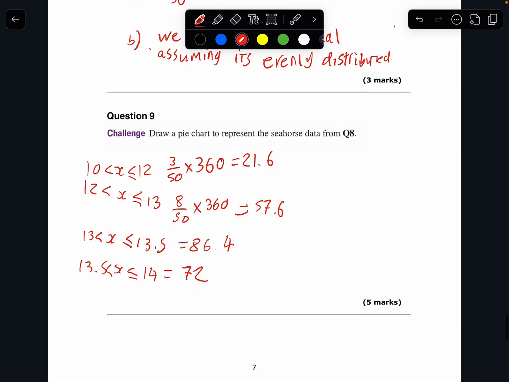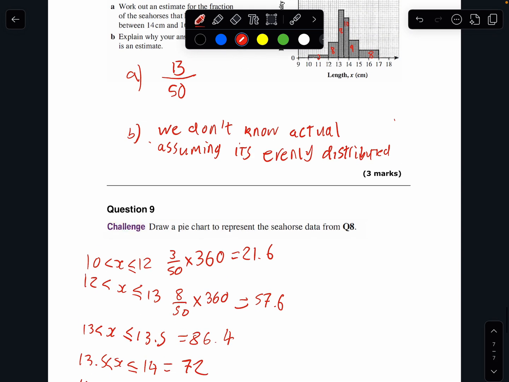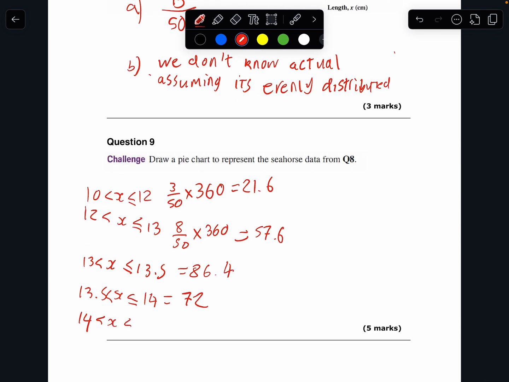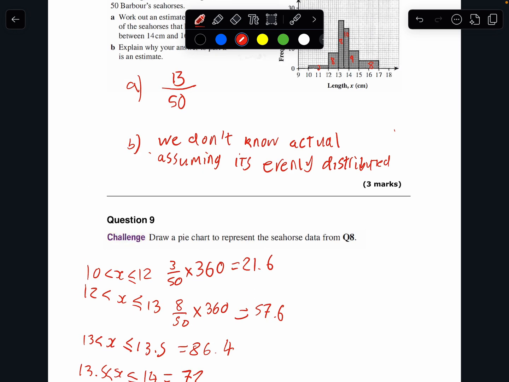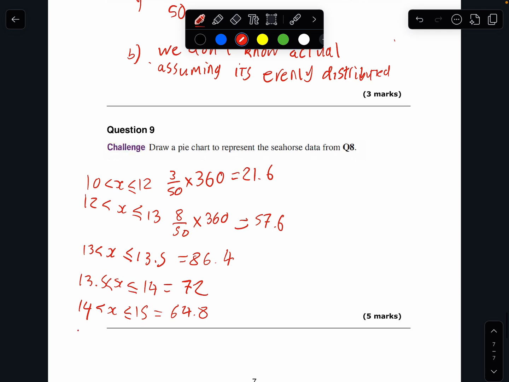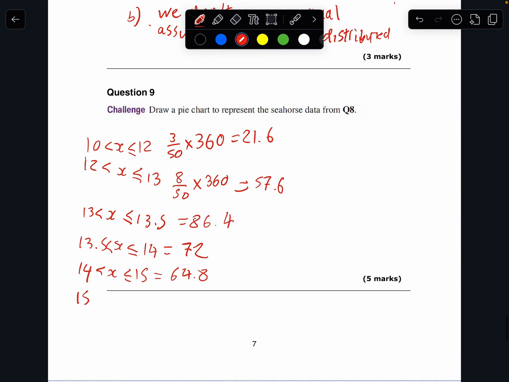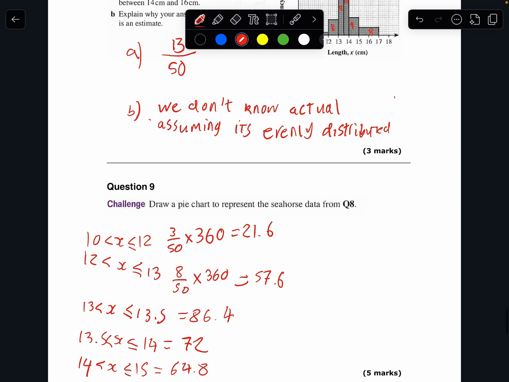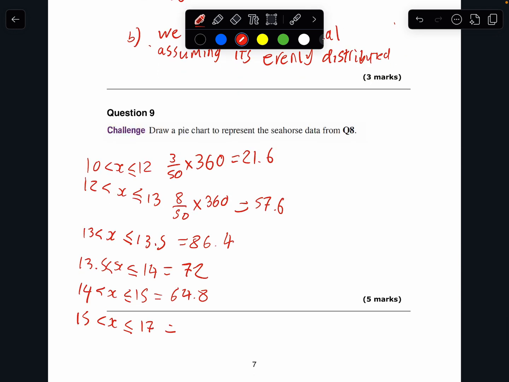Okay, 14 to 15, 14 less than x less than or equal to 15 is going to be 9 over 50 times 360, which gets me 64.8. And finally, 15 to 17 is going to have an angle of, once again, 8 over 50 times 360, which is 57.6. Okay, all very disgusting numbers, very disgusting angles.